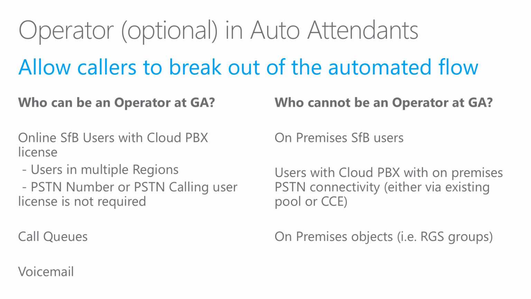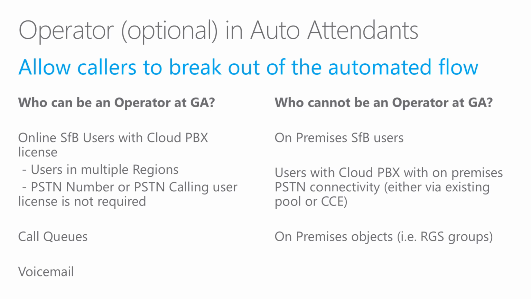So we also have the concept of operators. Those are the fallback mechanism that you can always go back to when you're inside the auto attendant. The operator can be an online Skype for Business user with a Cloud PBX license. They don't need a PSTN number or PSTN calling.